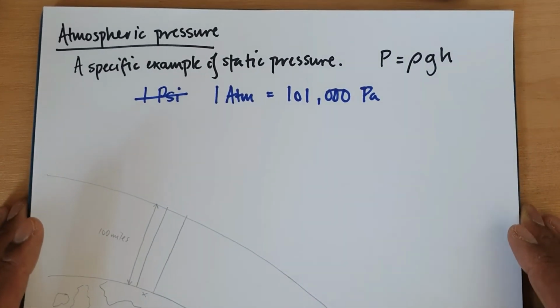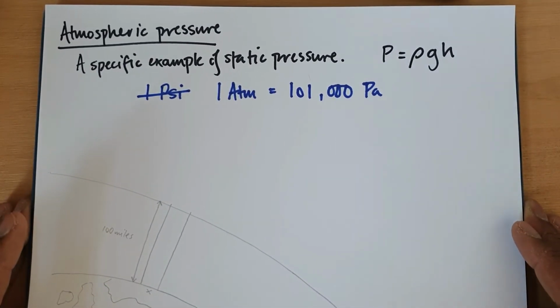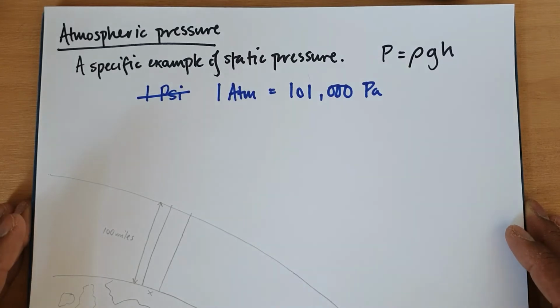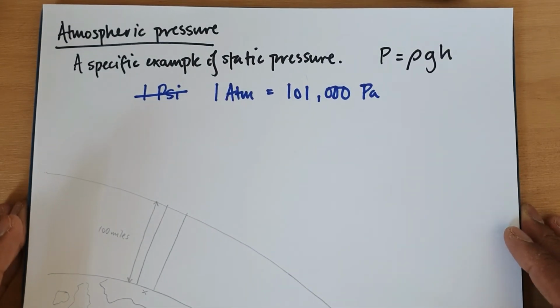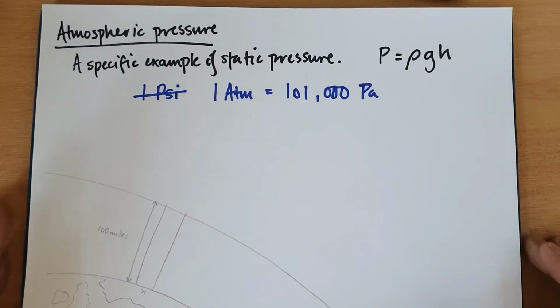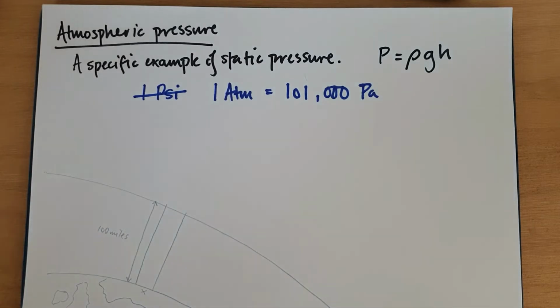It doesn't always balance out though. So the effect of suction is due to atmospheric pressure. A good example is when you breathe. When you breathe, your diaphragm at the bottom of your lungs pulls down your lungs to expand them. And when the lungs expand, the pressure inside drops. And as the pressure drops, that means that the pressure outside, due to atmospheric pressure, is larger. And so air is pushed into your lungs.